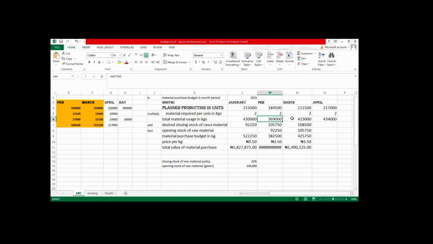Please compute 25%. 92,250. Let's go to the working.